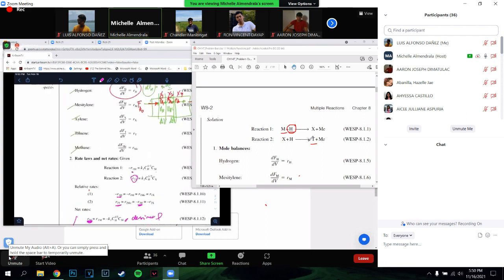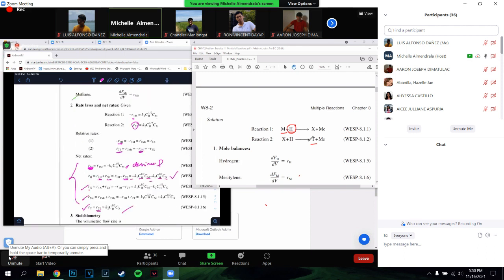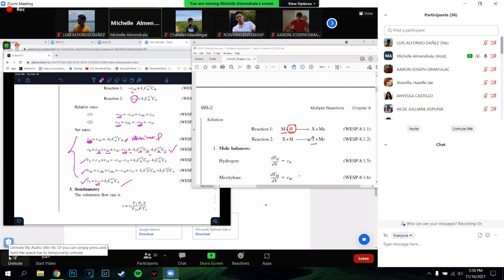We know that with respect to the flow rate of the feed in and out, flow rate of reactant in, flow rate of reactant unreacted, and product out, that is rate. And this rate is defined in terms of this net rate, all right?